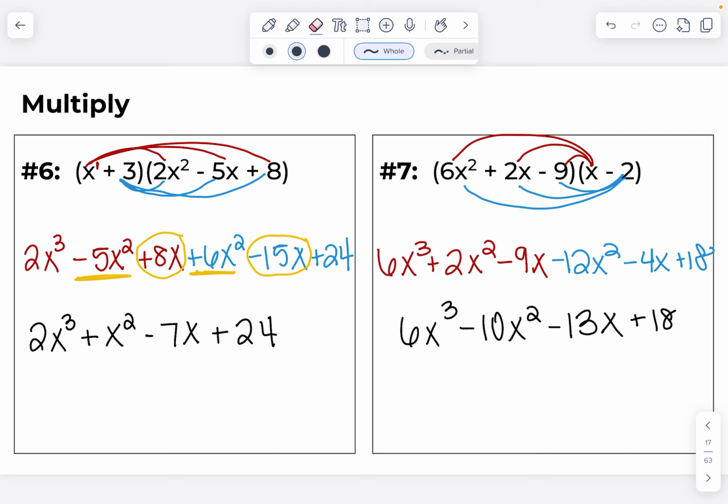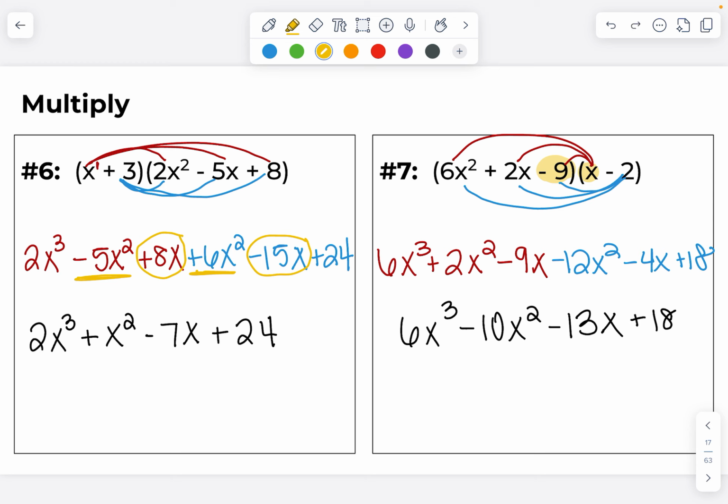Okay, so if we look at this one, this is what you should have gotten. When I took my x times 6x squared, I got 6x cubed. When I took my x times my positive 2x, I got positive 2x squared. And then my x times my negative 9 gave me that negative 9x.